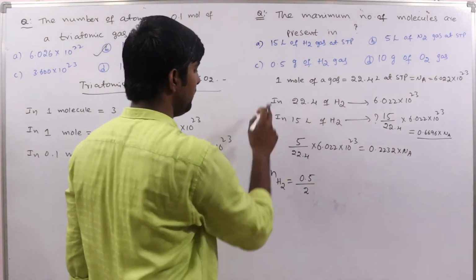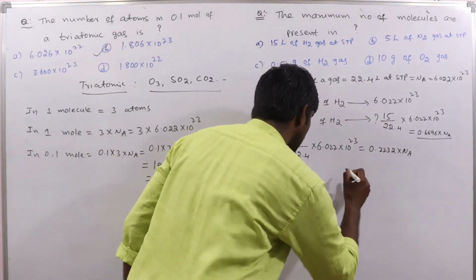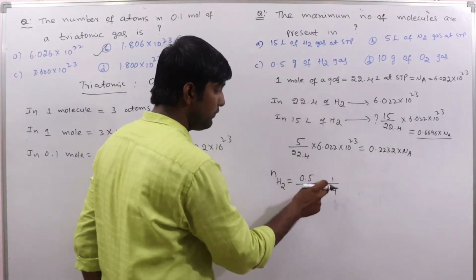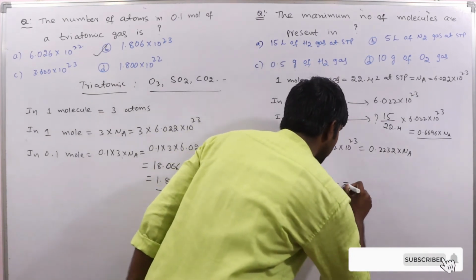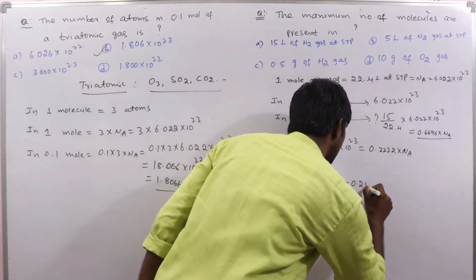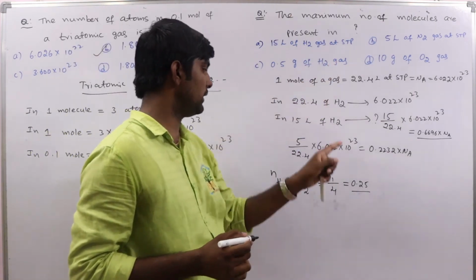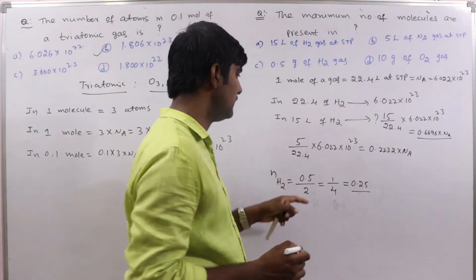Given mass is 0.5 gram, molar mass is 2 grams per mole. 0.5 we can write as 1 by 2, so we get 1 by 4, which is 0.25 moles. So in 0.5 grams of hydrogen gas, 0.25 moles of hydrogen gas is present.